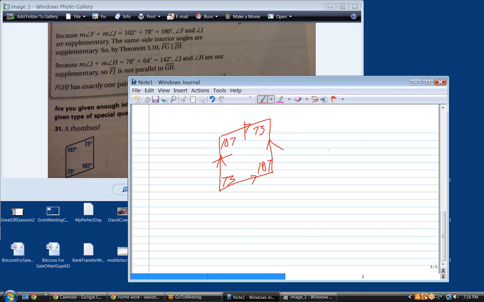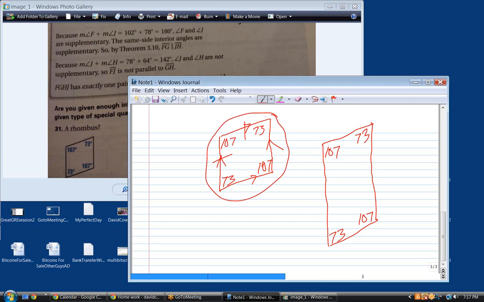In fact, I can definitely draw it so it's not equal, and these are still the four angles they gave us. A rhombus needs four equal sides, so just having these four angles only tells us it's a parallelogram, not a rhombus. Right.